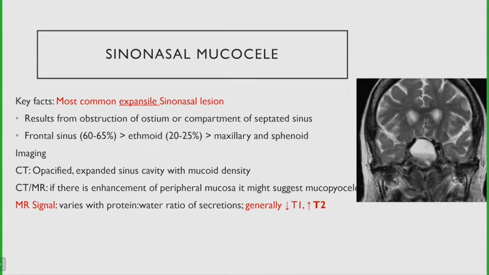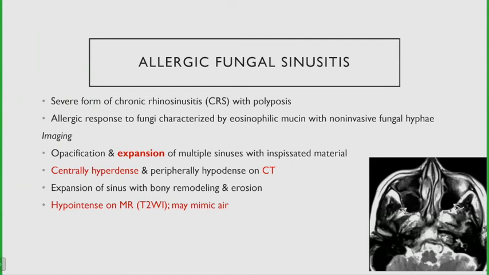Okay, next. Allergic fungal sinusitis. This is a severe form of chronic rhinosinusitis with polyposis. It is an allergic response to fungus characterized by eosinophilic mucin with non-invasive fungal hyphae. There will be opacification and expansion of multiple sinuses with inspissated material, centrally hyperdense on CT and peripherally hypodense. Expansion of the sinus with bony remodeling and erosion can happen, and it is hypointense on T2 weighted MRI.